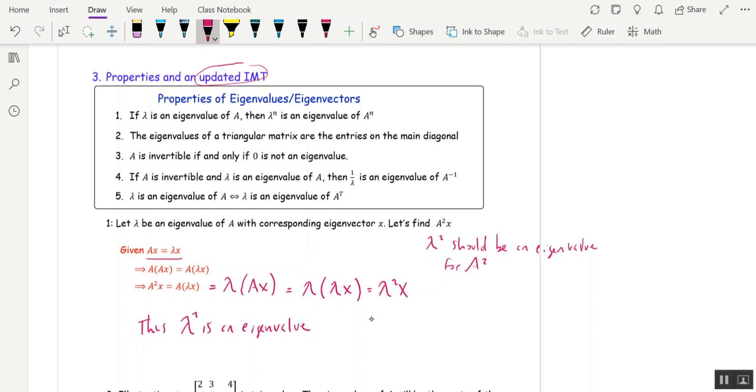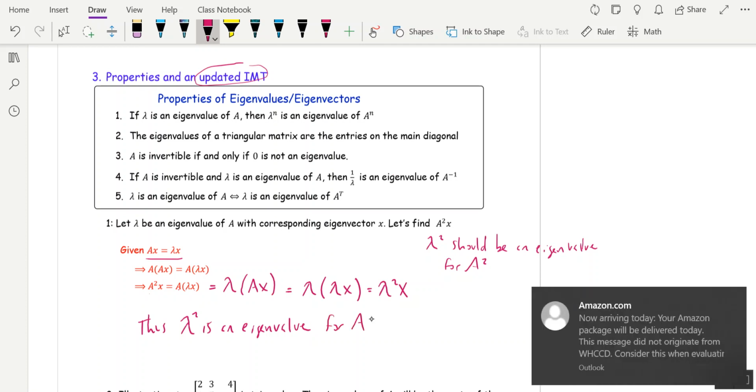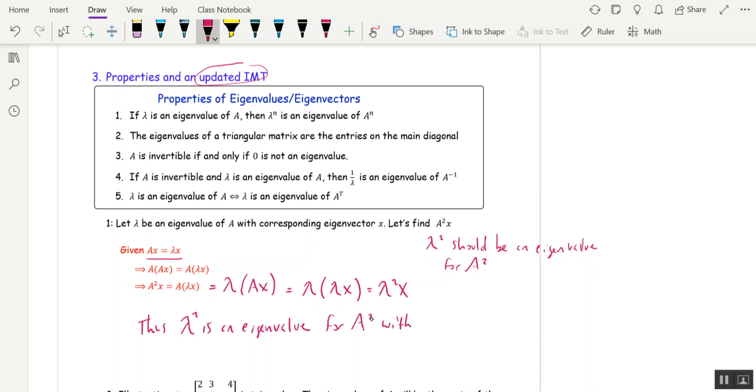So lambda squared is an eigenvalue for A squared with the same eigenvector x that A has. So lambda squared is an eigenvalue for A squared, but it has the same eigenvector x as A.